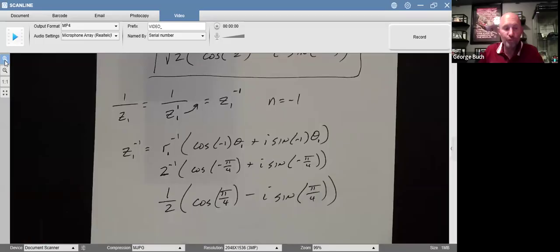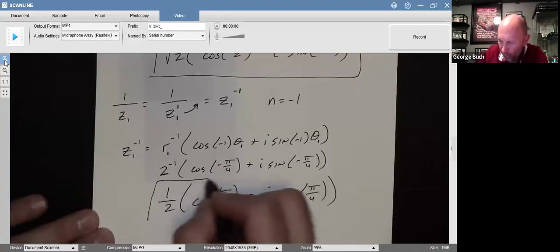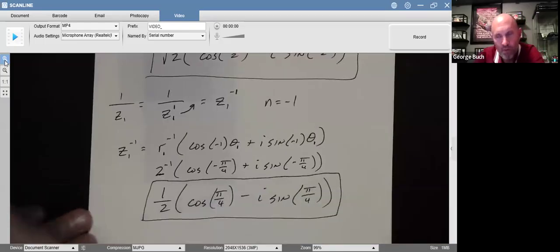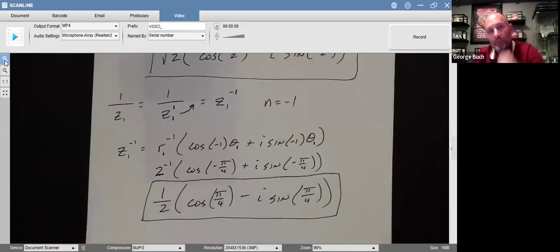So you can see that's a pretty lengthy problem and a lot of places where you can mess these up, mess up a sign, mess up addition, subtraction. So be careful, especially calculating your R's and your thetas.